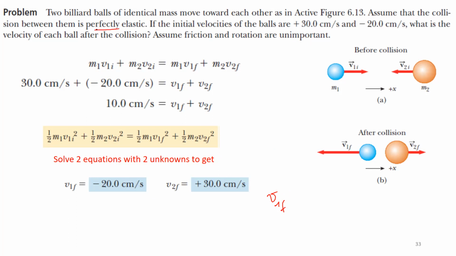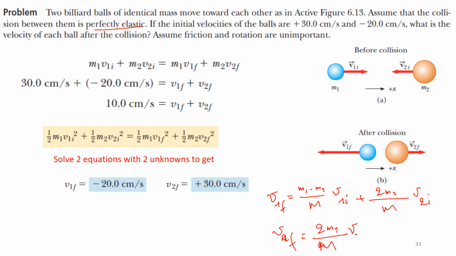So V1 final will be (M1 minus M2) divided by total mass, multiplied by V1 initial, plus 2M2 divided by total mass, multiplied by V2 initial. And V2 final will be 2M1 divided by total mass times V1 initial, plus (M2 minus M1) divided by total mass, multiplied by V2 initial.